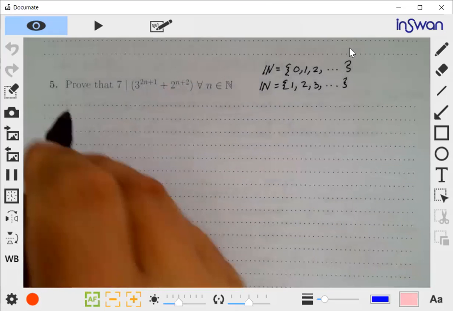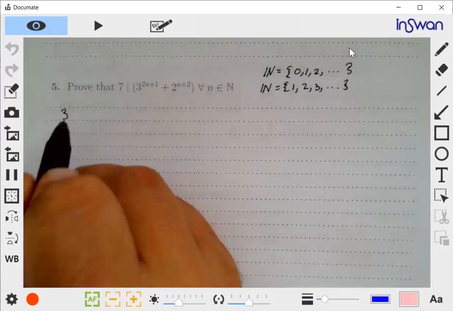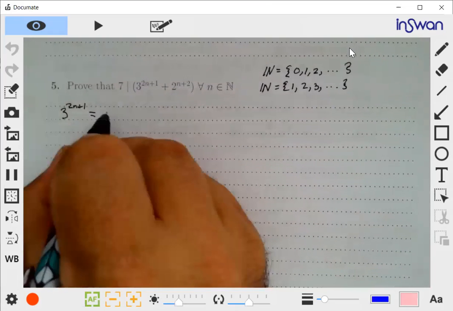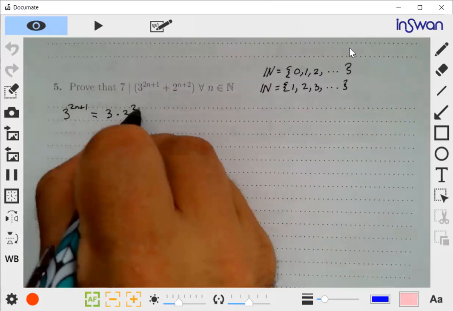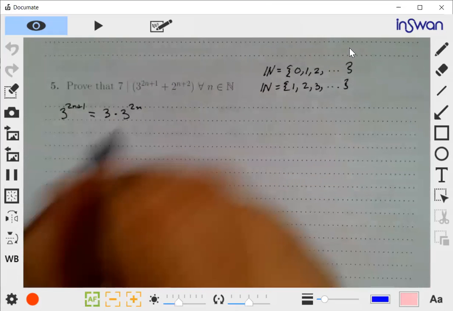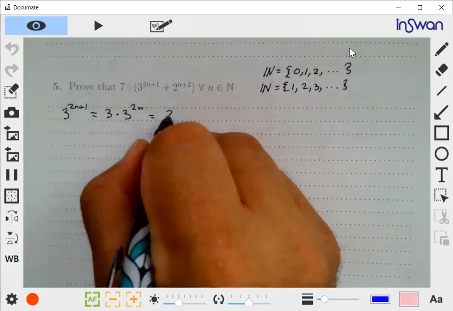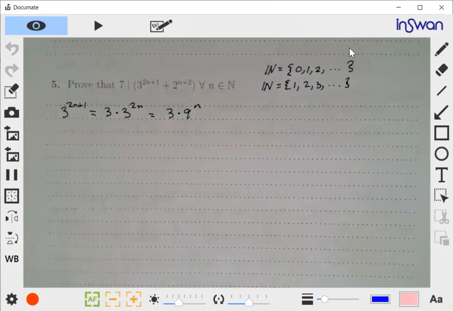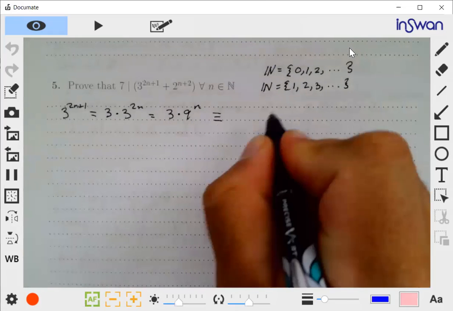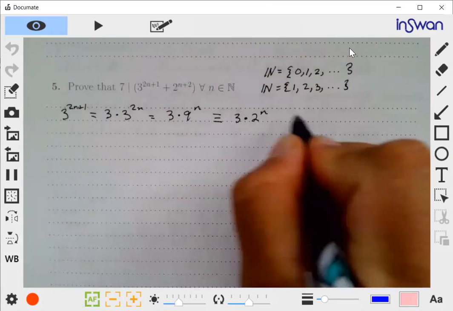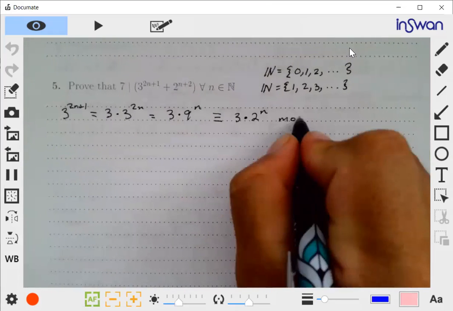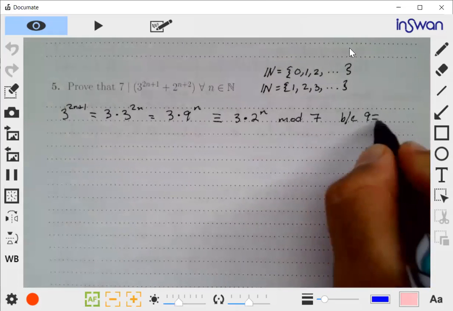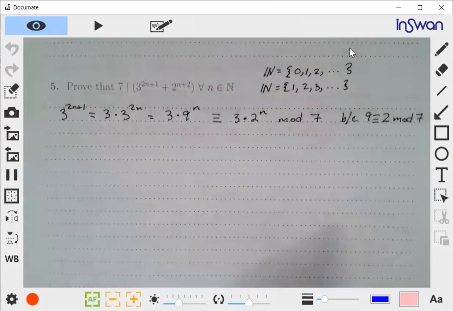I'm going to make this notation: 3^(2n+1) is equal to 3 times 3^(2n), which is equal to 3 times 9^n, which must be congruent to 3 times 2^n modulo 7. Why? Because 9 is congruent to 2 modulo 7.